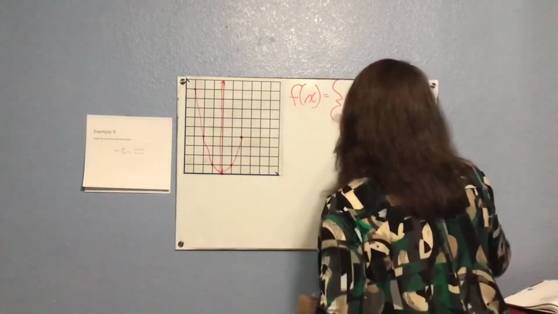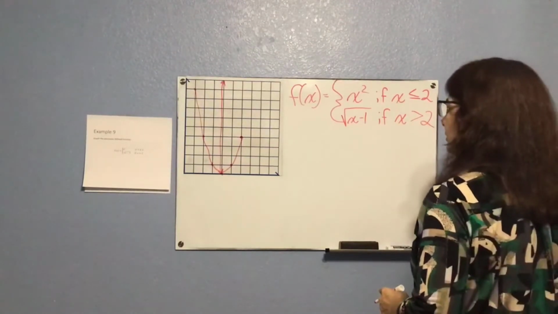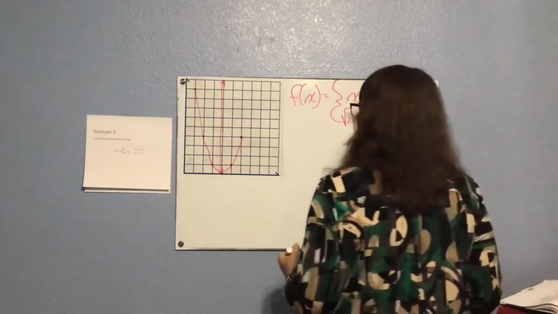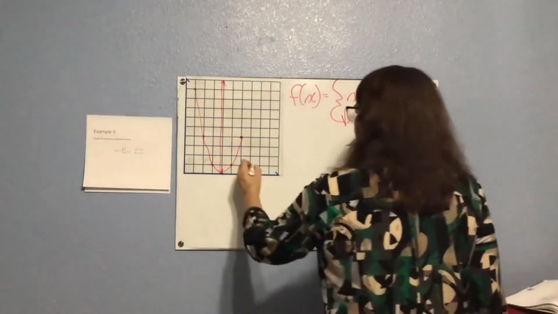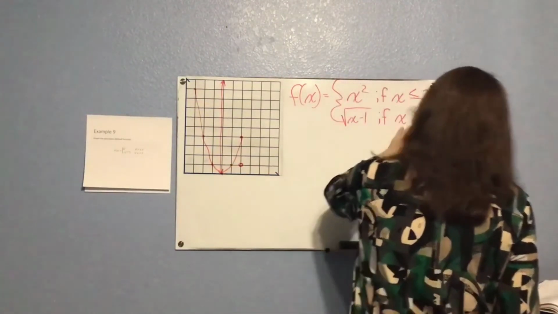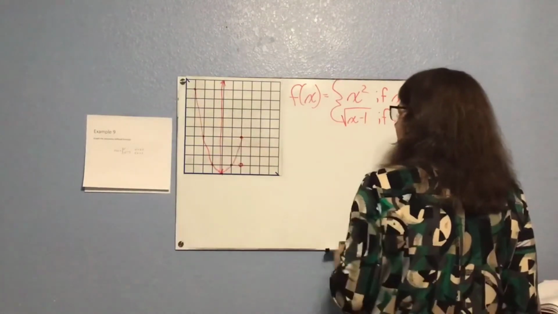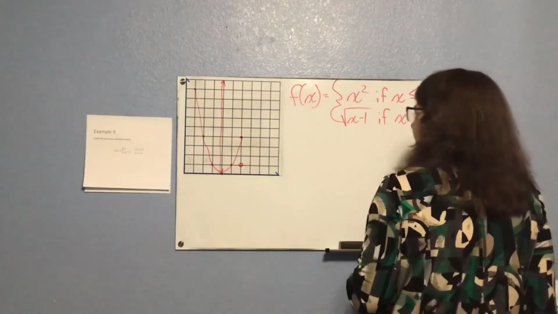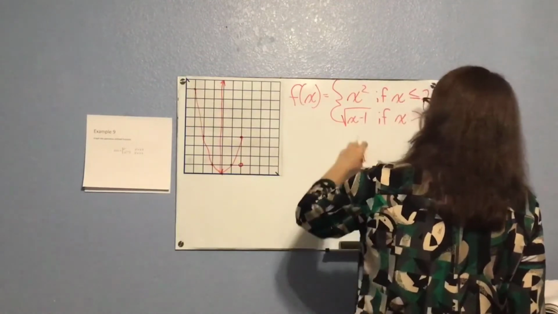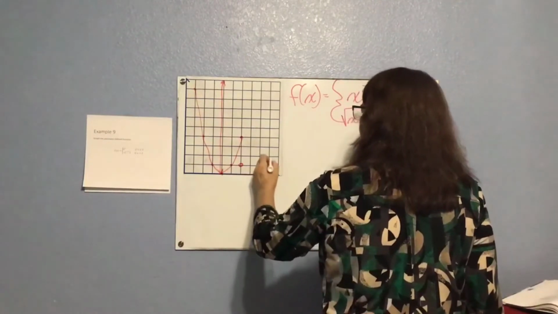And now I have to use this function for x greater than 2. Well, this is a function we just wrote. So let's think again. When x was 2, this was 1. And we put an open circle there because it says x greater than 2. X equals 2 is up here in the first function. Okay? And then when x was 5, we got a value of 2. So this is 2, 3, 4, 5.